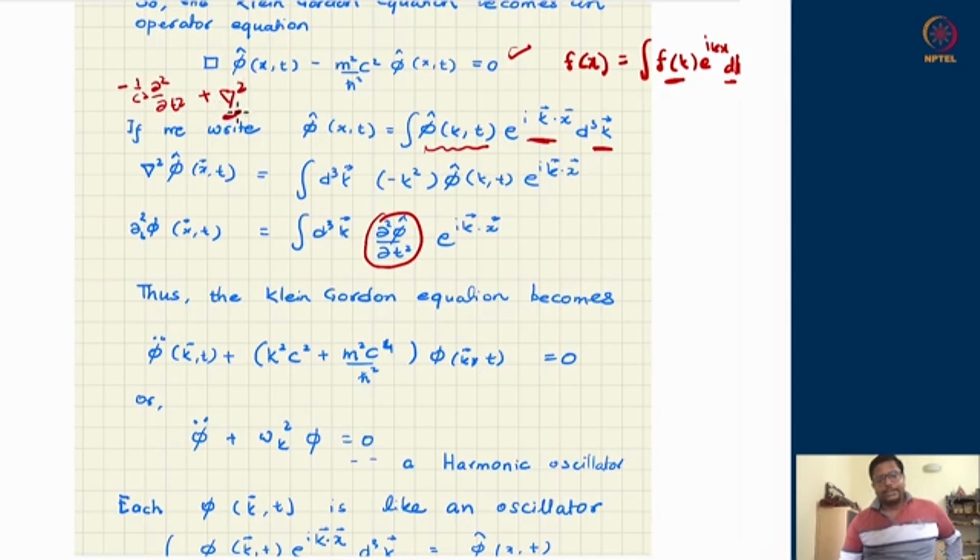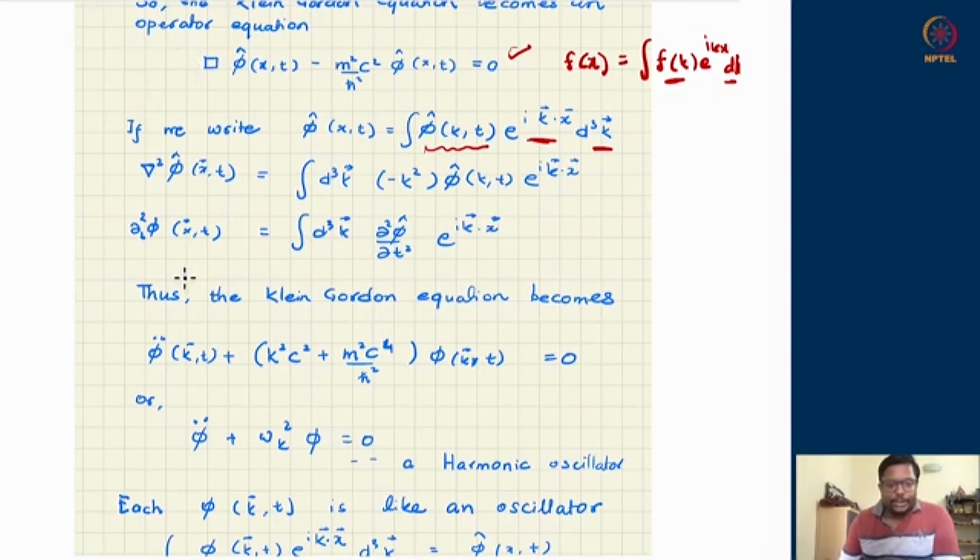So this Laplacian will give you minus k square. The double derivative with respect to time will give you del 2 phi upon del t square, or phi double dot, with a minus sign, and this will give you a minus m square c square upon h bar square. So ultimately, if you write down the whole thing in expanded form, you will get, so let me open it up.